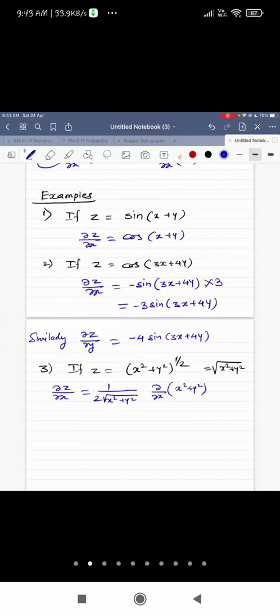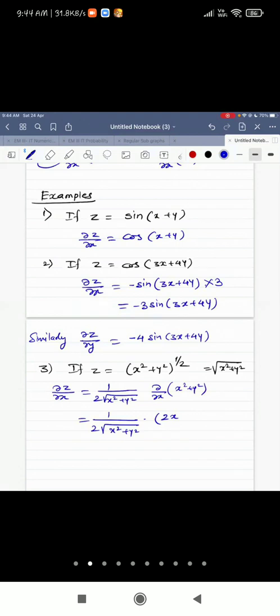I have to take the derivative of the bracket. Now in the bracket, I have to treat y as a constant. So this is equal to 1 upon 2 root x square plus y square into, what is partial derivative of x square plus y square? X square has derivative 2x, right? And what is the derivative of y square with respect to x? Now, when we differentiate partially with respect to x, we treat y as a constant.